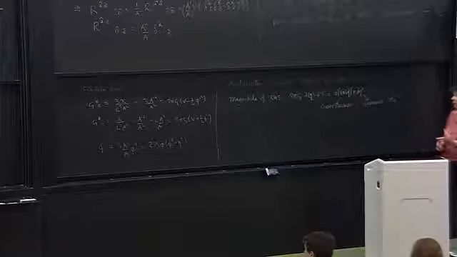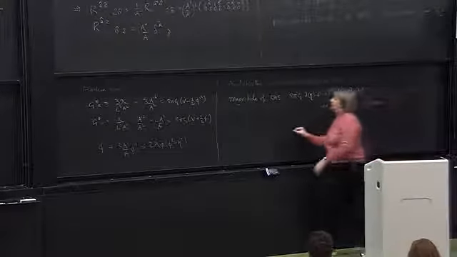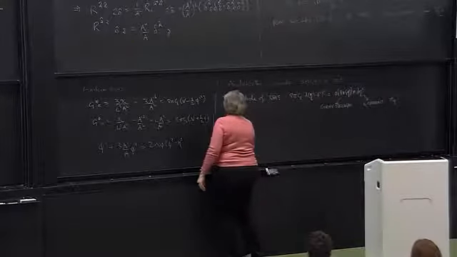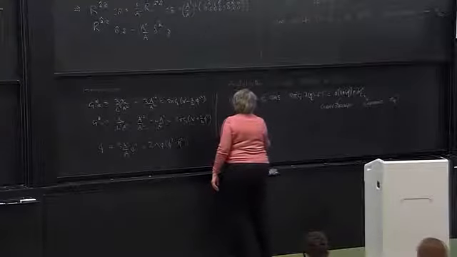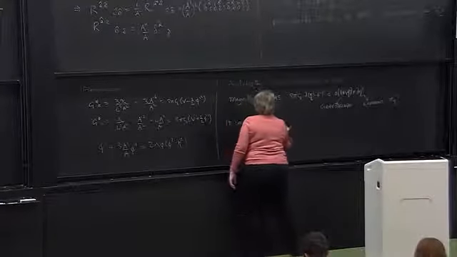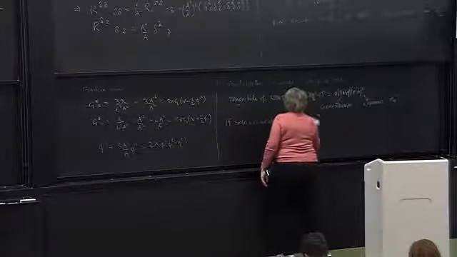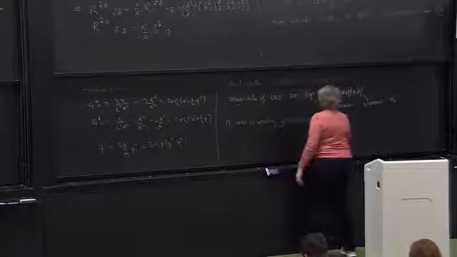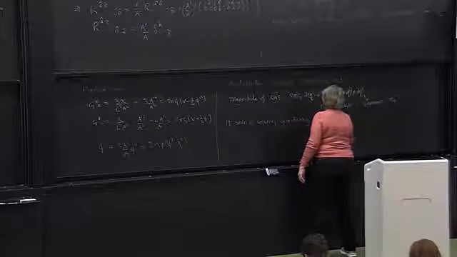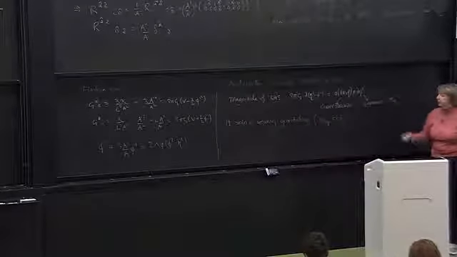So if my solution is weakly gravitating, so notice this, this is really just saying eta is much below the Planck scale.